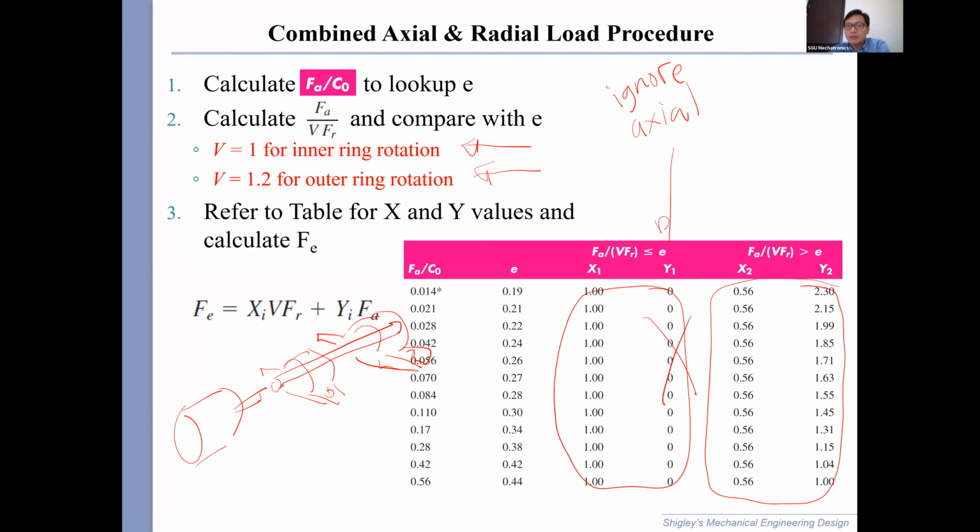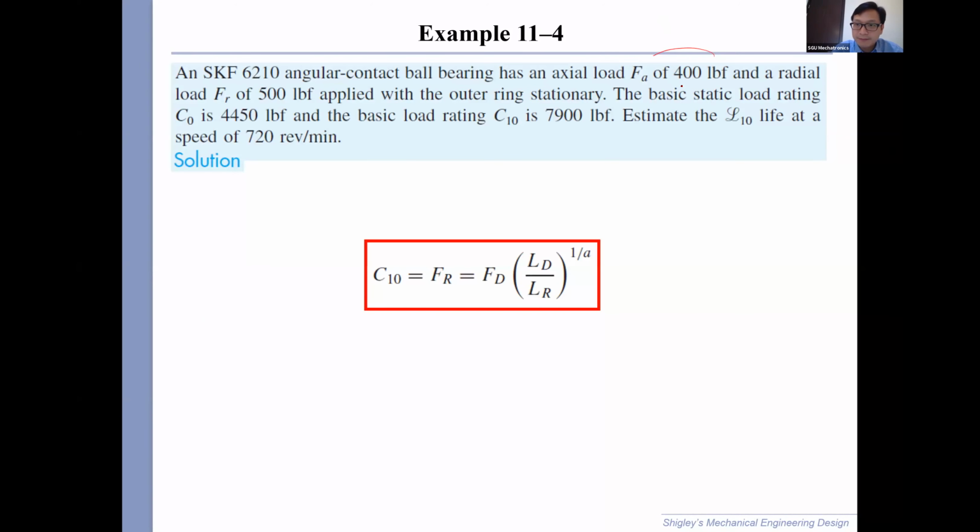An axial load of 400 and a radial load, that radial load given as 500. So we're going to have to combine these two. We're given that the outer ring is stationary.